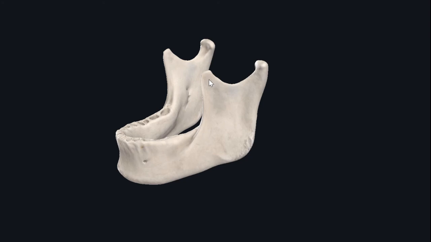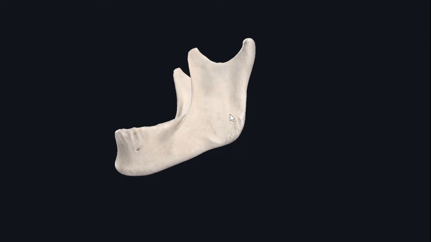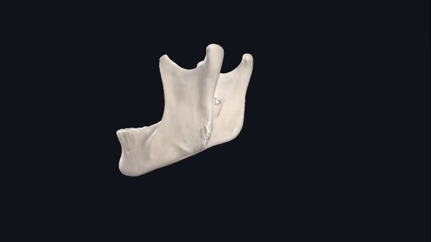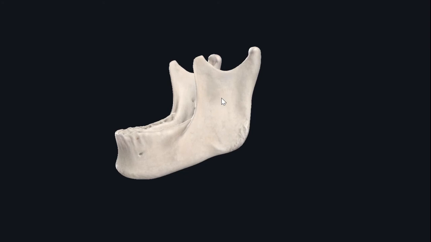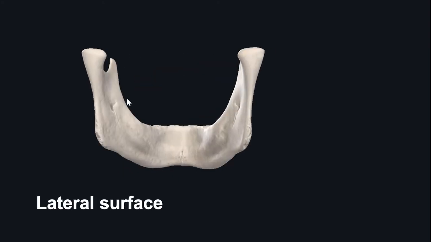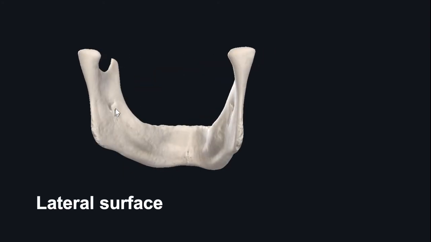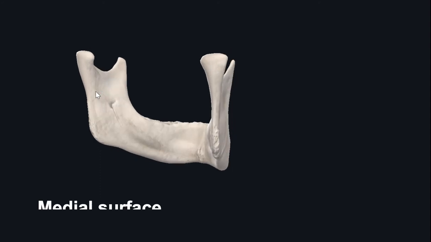So this surface is called the external surface, or also called the lateral surface, and this is the internal surface, also called the medial surface of the ramus.